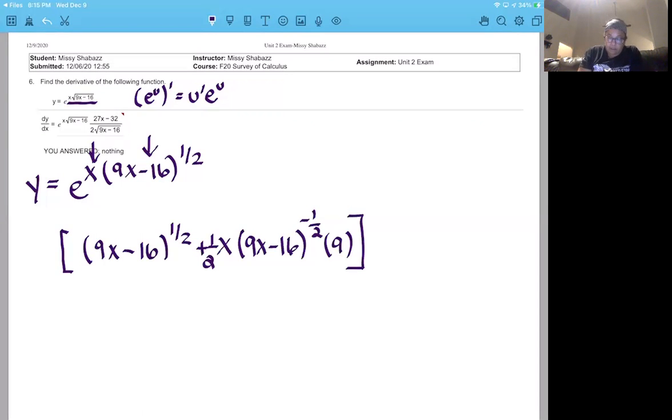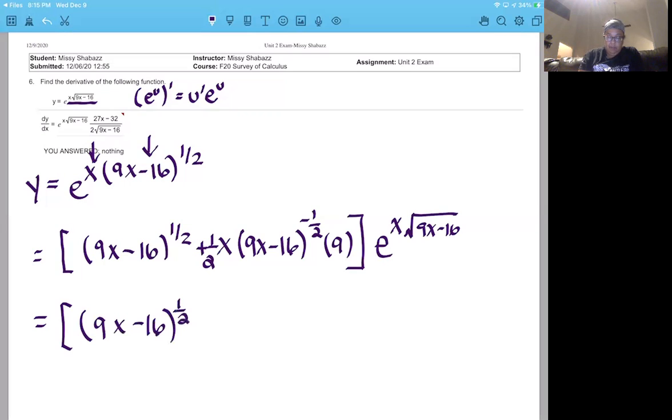And then e to the original exponent. And that's it. Because it bothers me, I would probably clean it up like this. I would write it as 9/2 x (9x minus 16) to the negative 1/2.